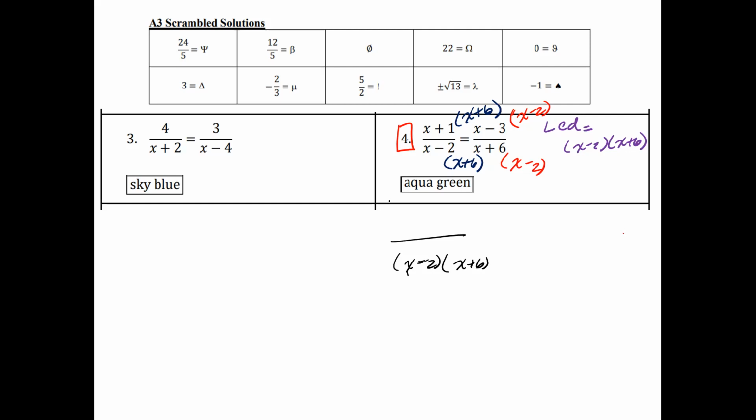In the numerator, you're going to have x plus 1 and x plus 6 equals, on the right side, x plus 6, x minus 2 on the bottom. But then on top, you have x minus 3 and x minus 2.